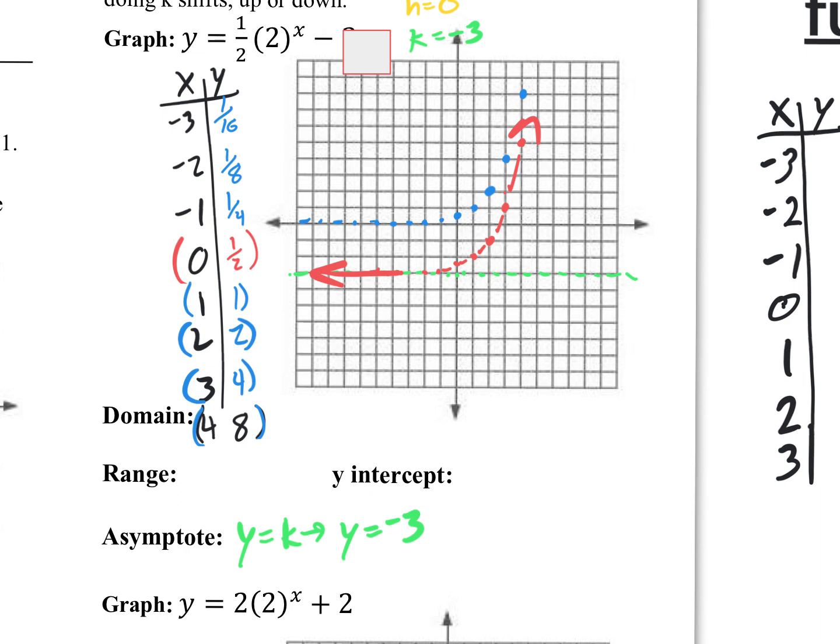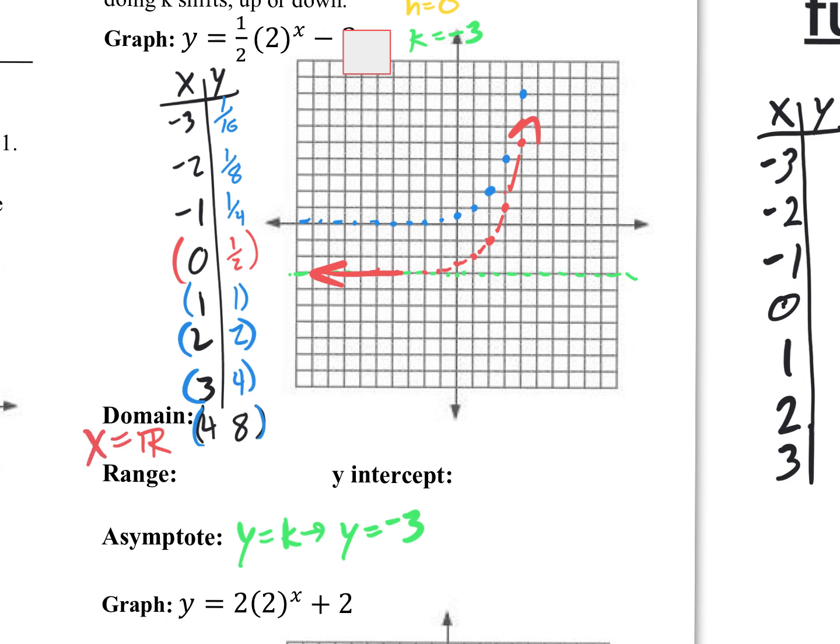So your domain is x equals all real numbers. You could technically plug in any x value you want into this XY table. You could plug in a -1000, you could plug in 400, you could plug in whatever number you want. So the domain is x equals all real numbers.